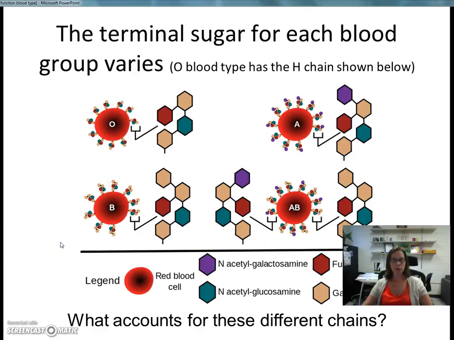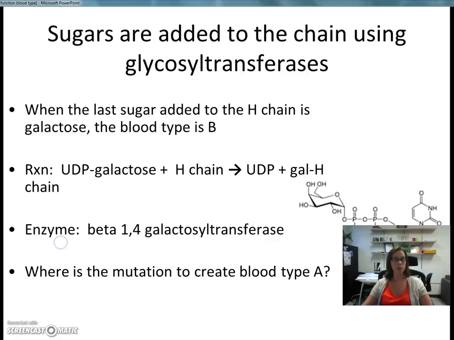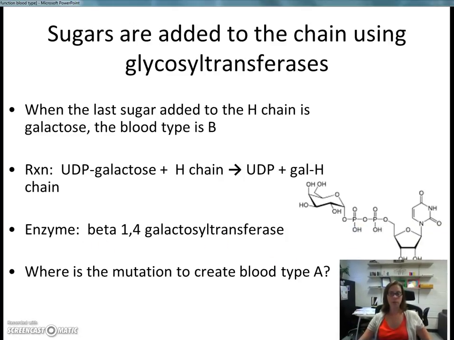So let's talk a little bit about why there are different sugars on these modified proteins. So the sugars are added to the H chain with glycosyltransferases. So these are enzymes that have a special pocket on the protein for a sugar ligand, and they're very specific for that sugar.